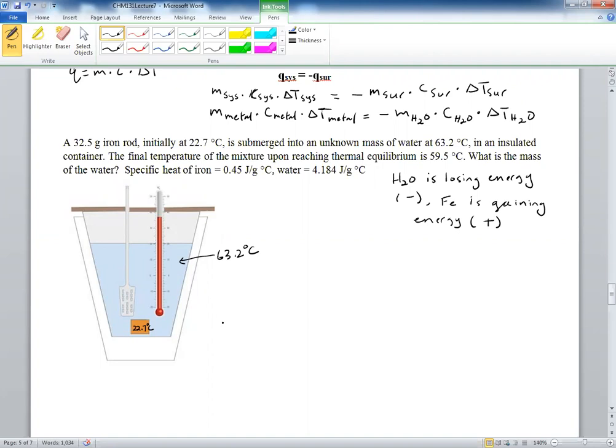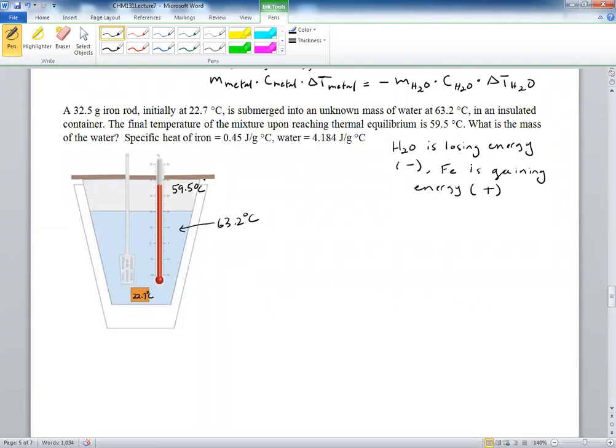It gives you the mass and everything you need. It says that after you place it in this insulated container, the final temperature of the mixture upon reaching thermal equilibrium is 59.5 degrees Celsius. So they kept stirring and stirring, and let's say that the temperature finally reached 59.5 degrees Celsius.